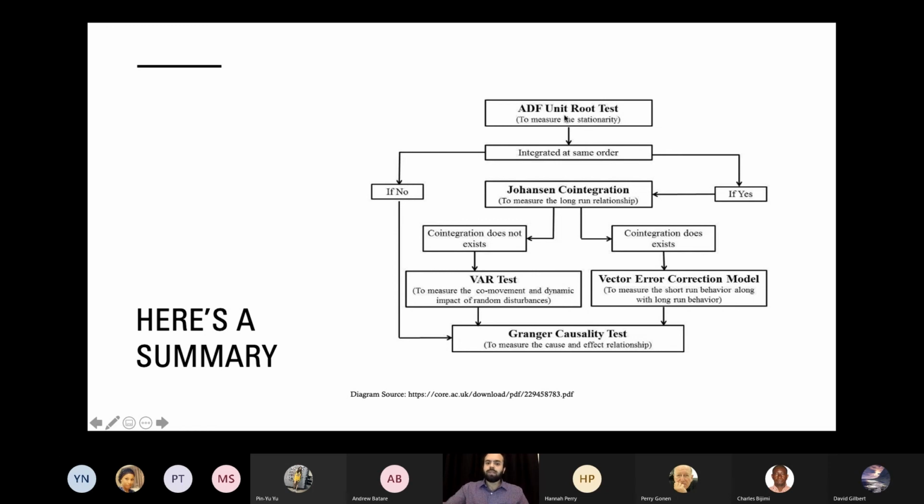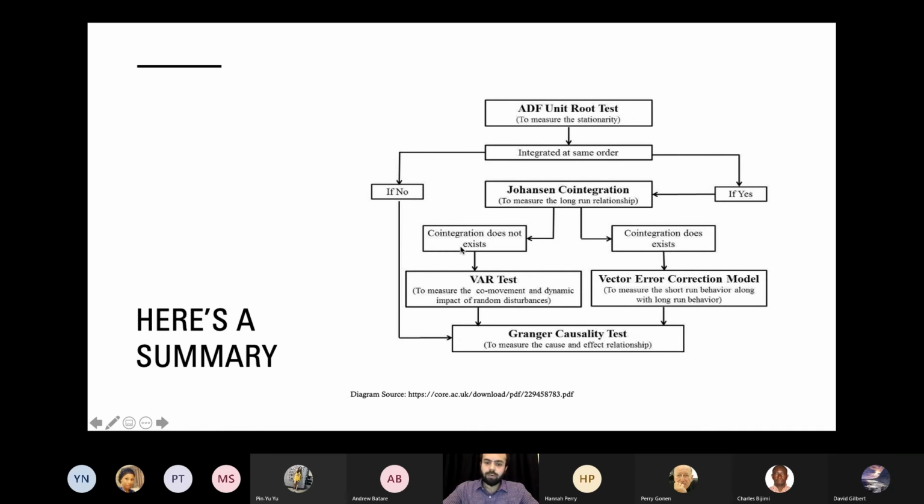If our original series are non-stationary, then we can just go ahead and construct vector autoregressive models or go ahead with Granger causality tests. If these series are integrated at the same order, which means not stationary at level, stationary at first differences, we can go ahead with co-integration tests. We could use the Engle-Granger or Johansen co-integration test for this.